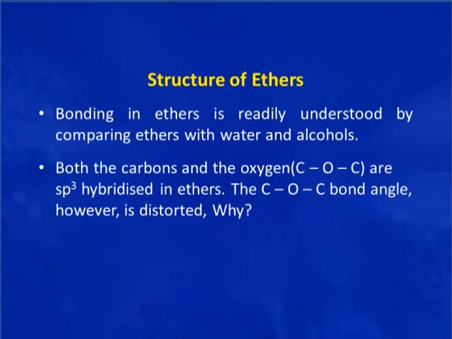In the structure of ether, oxygen is attached to two carbons, but it is left with two more sp3 hybrid orbitals holding lone pairs of electrons. The presence of these lone pairs in the sp3 hybrid orbitals of oxygen is responsible for the repulsion between the orbitals, resulting in the bent structure or the distortion in the normal tetrahedral angle.